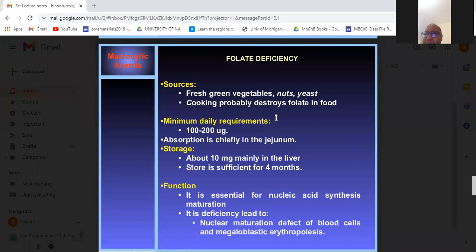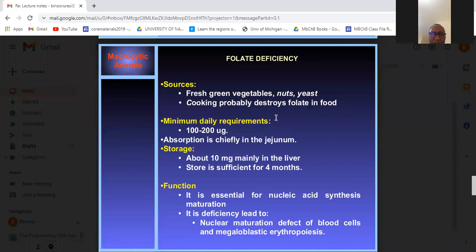The minimum daily requirement is about 100 to 200 micrograms. That's very little. It's absorbed chiefly in the jejunum. The absorption of folate, unlike B12, is a passive process and does not require any transport media.